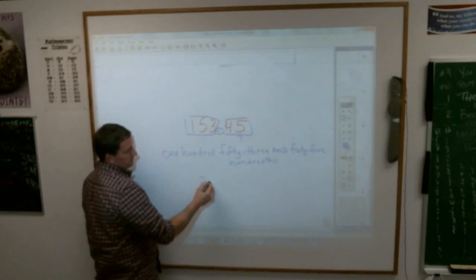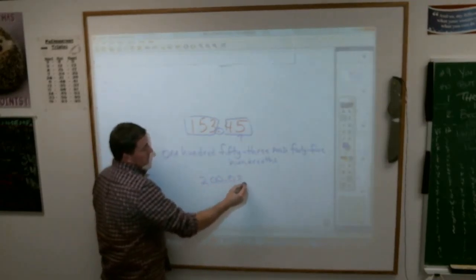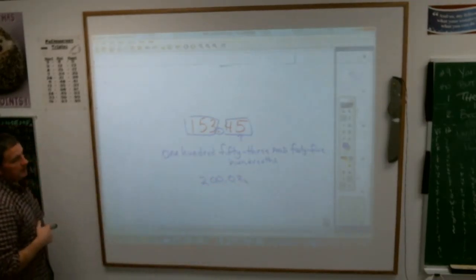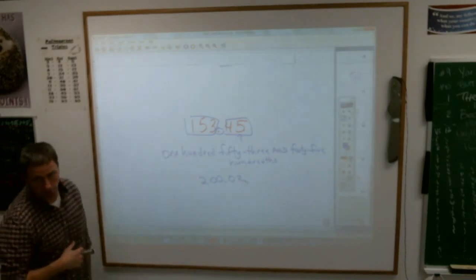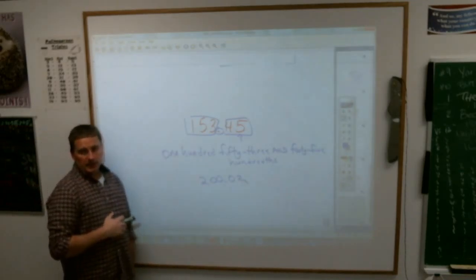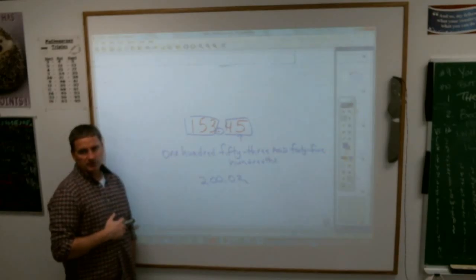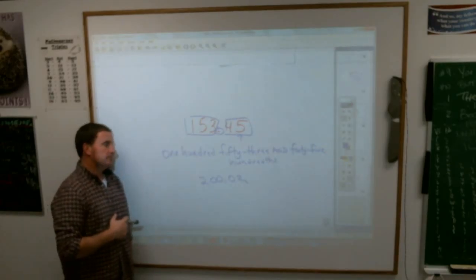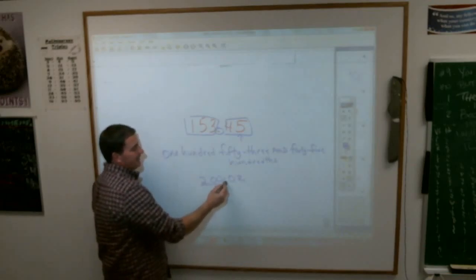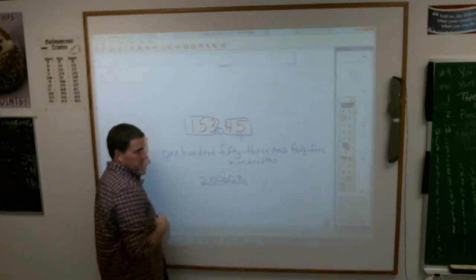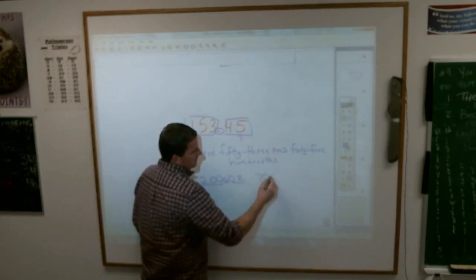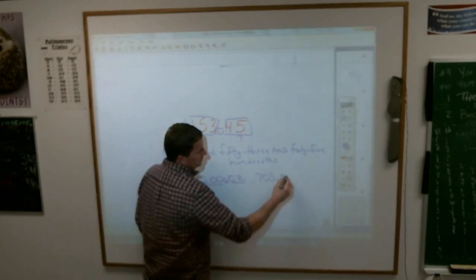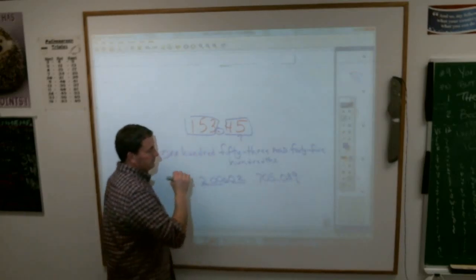Or what about this? How would I say that? 200.02. Jaden? 200 and 2 hundredths. Yep, 200 and 2 hundredths. Or how about this? 705.035.